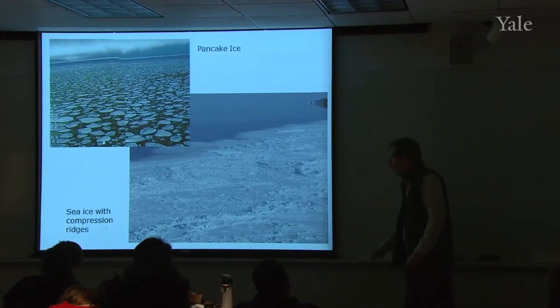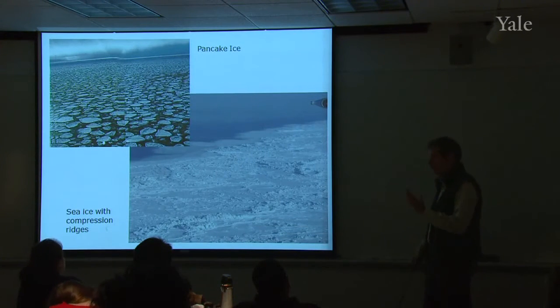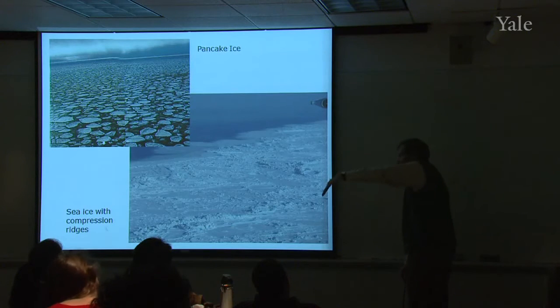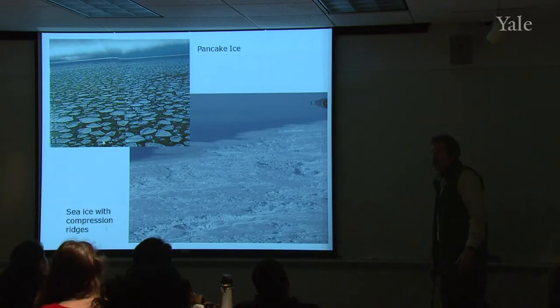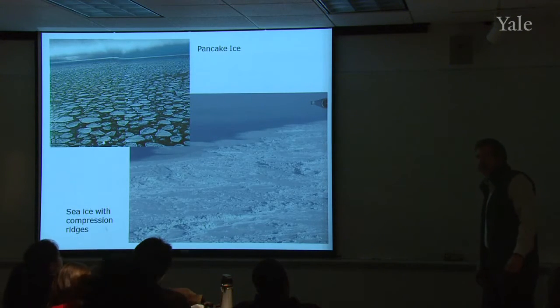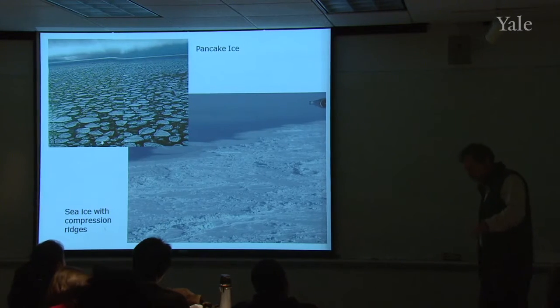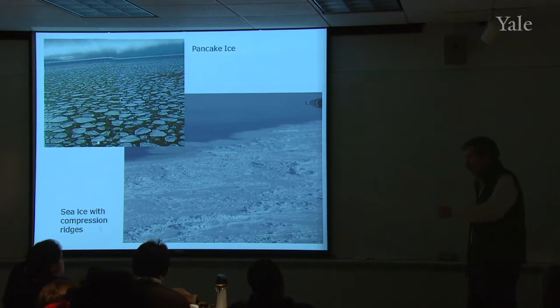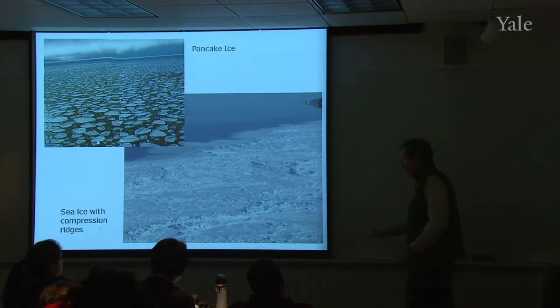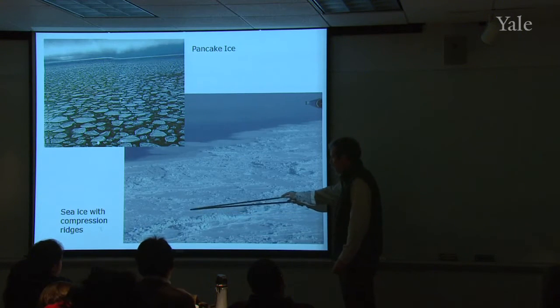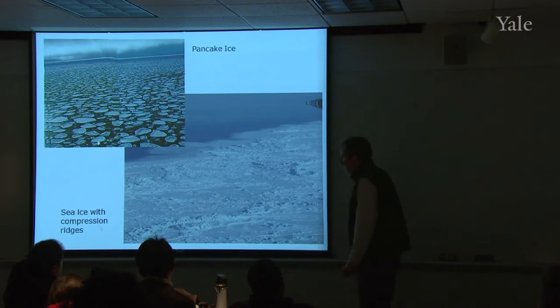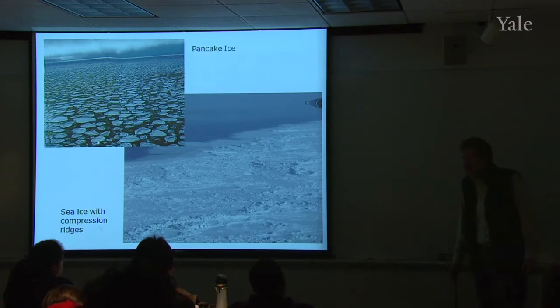In fact, every few hundred meters, you end up climbing over one of these compression ridges, which makes traveling there extremely difficult. You have to pull your sledges or whatever kind of equipment you have up over these ridges, and then down. You get maybe 50 or 100 yards, and then you're doing it again. So it's very rough going when you're trying to cross the sea ice.